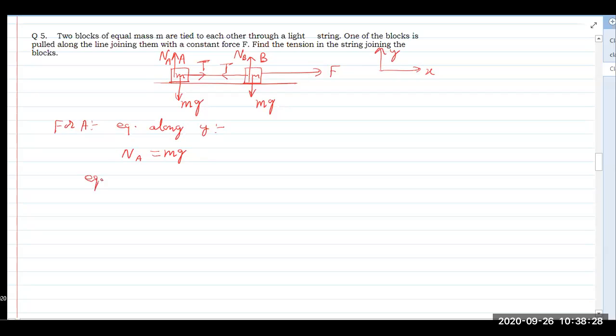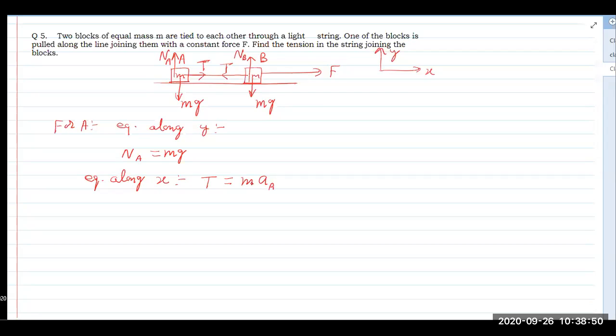Now we write the equation along X. Along X, the object may move because of the applied tension. We have only one force, the tension, which equals M times A. So this we can write for object A.